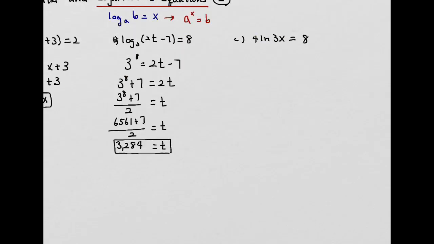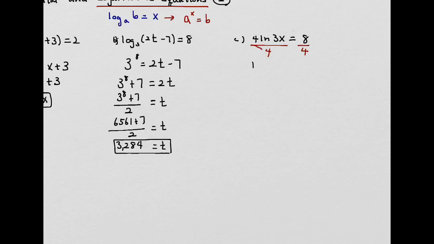What about the next one? If you don't have the standard form of a simple logarithmic form, then you need to make it simple logarithmic. This one right here, you have a multiplication first. So the first thing you can do is divide both sides by 4 to get rid of the multiplication and make it the standard form of logarithm.